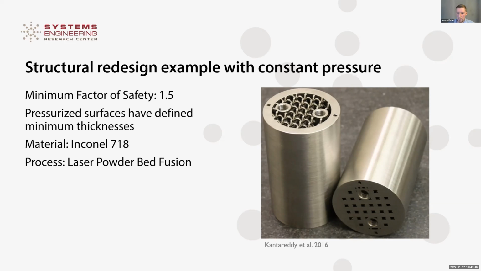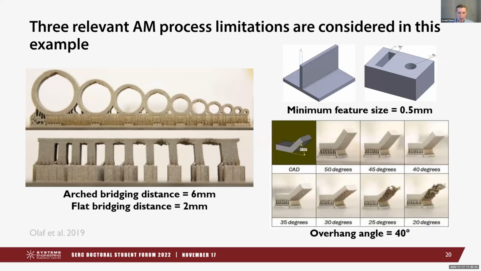But first we need to think about the limitations of the additive process we've selected. So we're going to frame it as 3 primary limitations that are relevant to this one. So we have the ability of the AM process to create these unsupported bridges, either arching or flat.